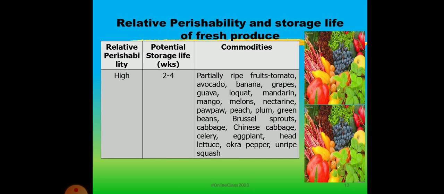So this includes partially ripe fruits, tomato, avocado, banana, grapes, Chinese cabbage, green beans, etc. Most of them are partially ripe fruits and fruit vegetables. Pwede natin silang i-store in an ambient condition, as I mentioned, for at least 2 to 4 weeks. More than that duration, you will expect that those commodities will be destroyed.